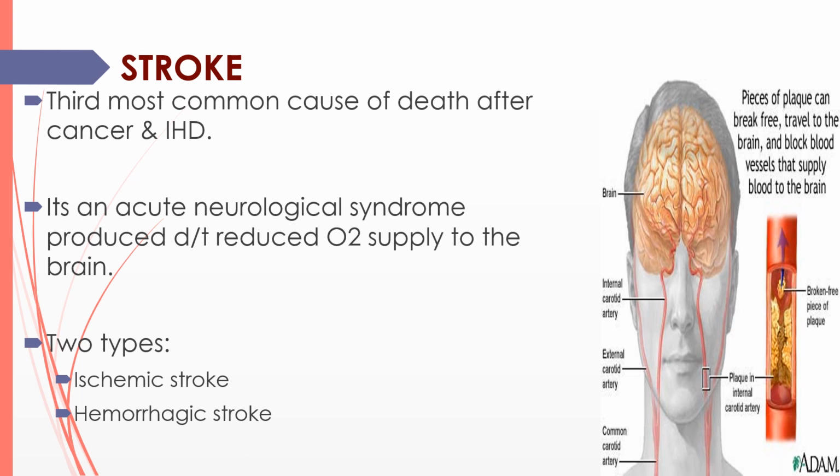Ischemic stroke is when there is a block in the blood vessels. Hemorrhagic stroke is when there is a rupture of the blood vessels due to increased pressure.